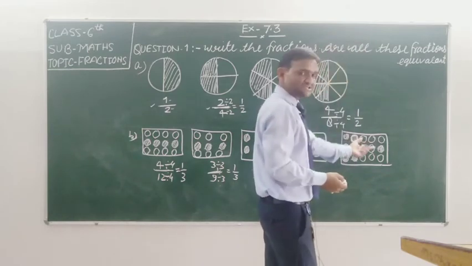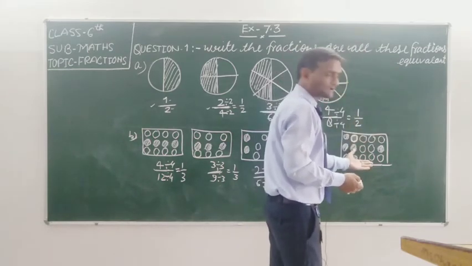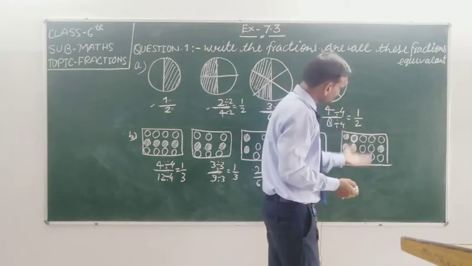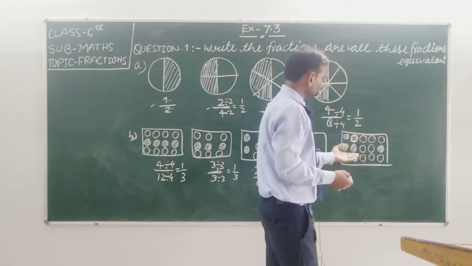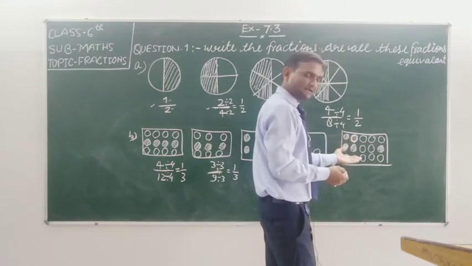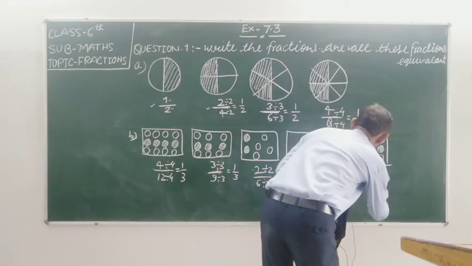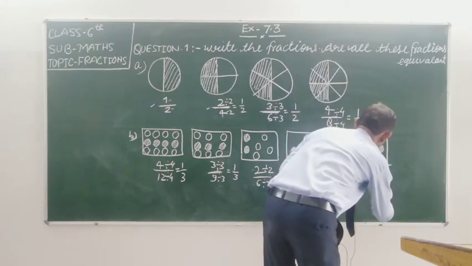And in this figure there are 15 circles given, and out of 15 circles 6 circles are shaded, so we write the fraction for this as 6 upon 15.